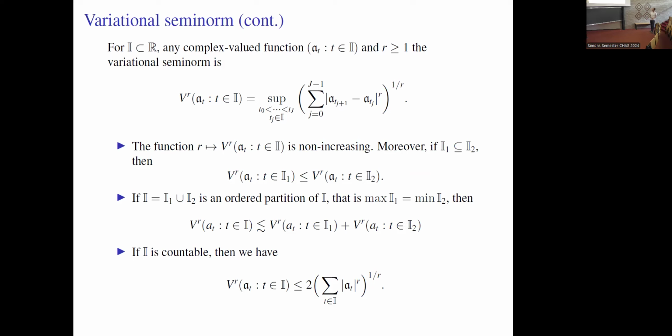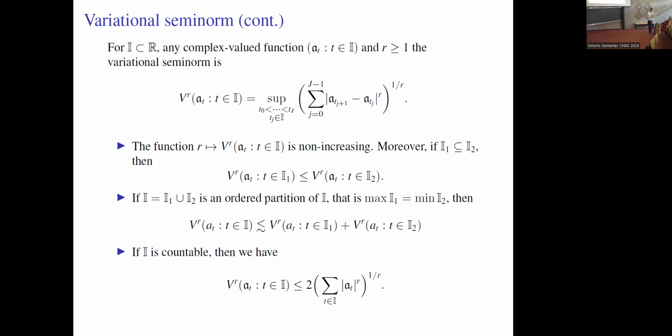And here we have more properties. So the first one is that if we look at r-variations as a function of r, then this function is non-increasing. And this follows from the nested property of small l^r spaces. So in practice, if we look at r-variational estimates for some operators, it means that if r is smaller and smaller, then it's harder to prove the r-variational estimate.